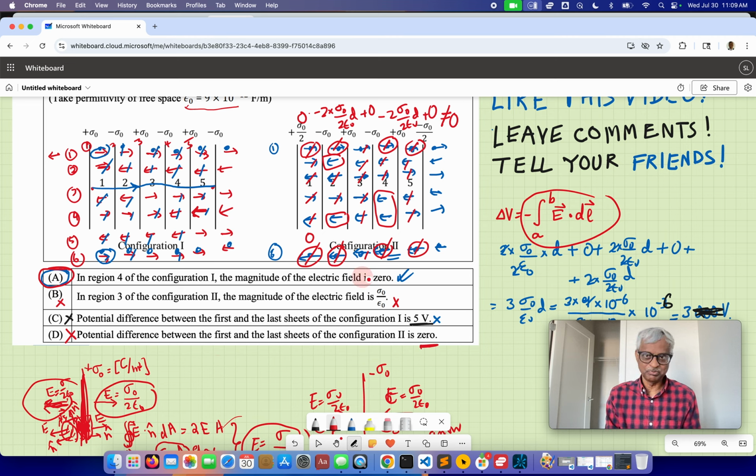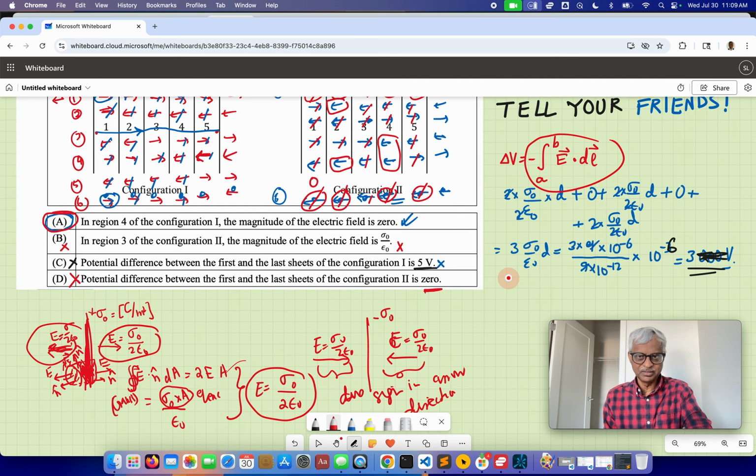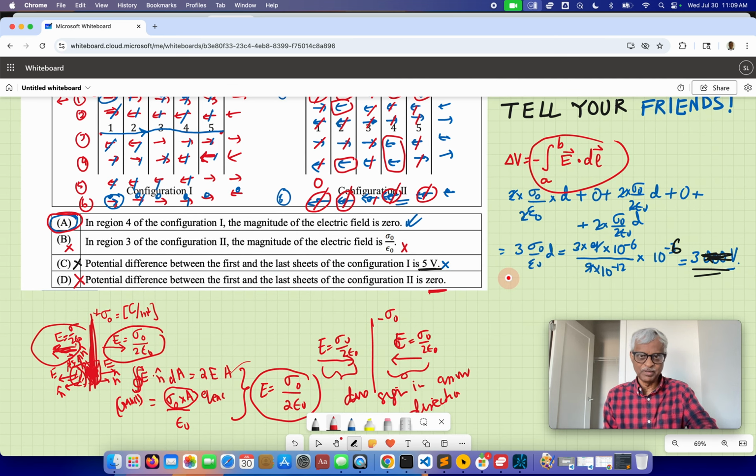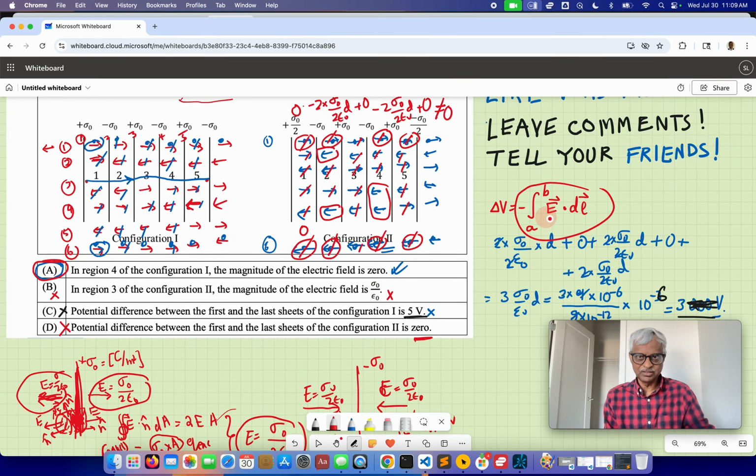It needs just a very small amount of information from your learning before, put together. And this integral is very simple, just multiplication, because it's capturing constant values in different parts.